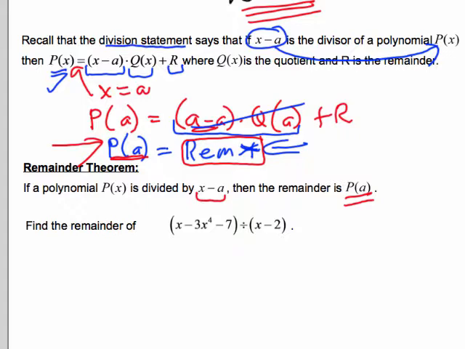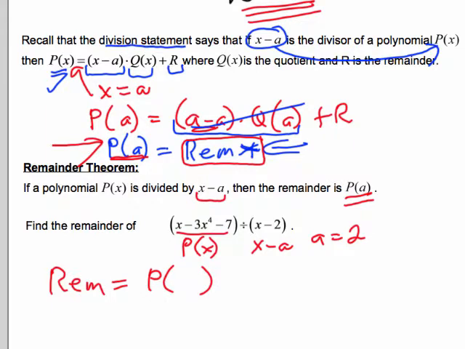All right, let's just use the example above and show how the remainder theorem could apply here. So I have my polynomial p of x divided by my divisor of the form x minus a, where a is 2. So what we're saying is that the remainder, when the polynomial is divided by x minus 2, can be found by evaluating p of a, which is p of 2.